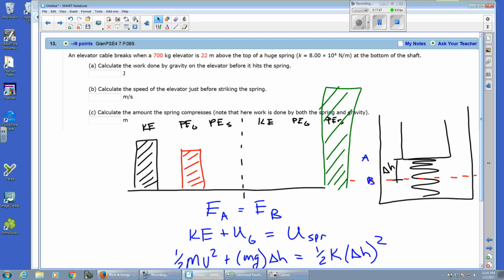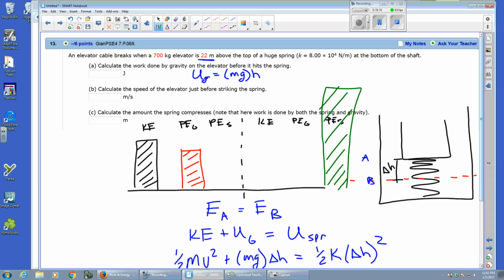So to do A, I would suggest the amount of work done by gravity is the change in the potential energy. That would be U grav, which equals mg and then the h, and the h is your 22 meters.